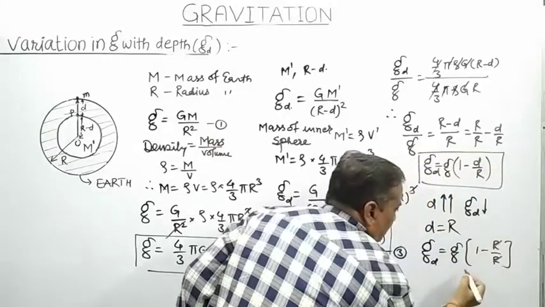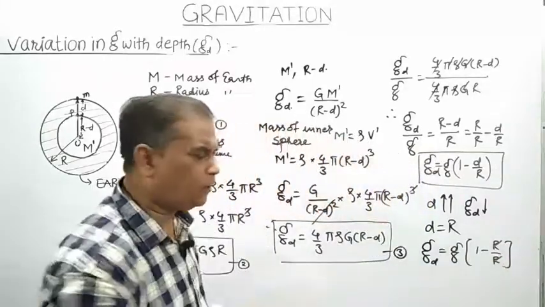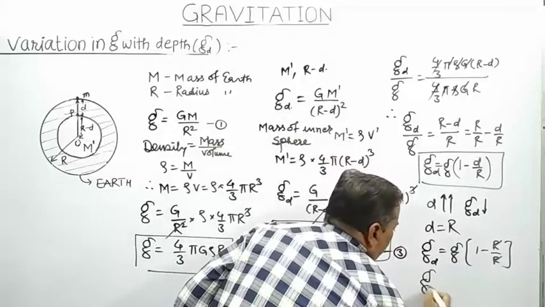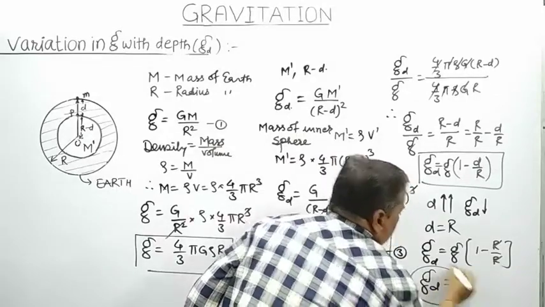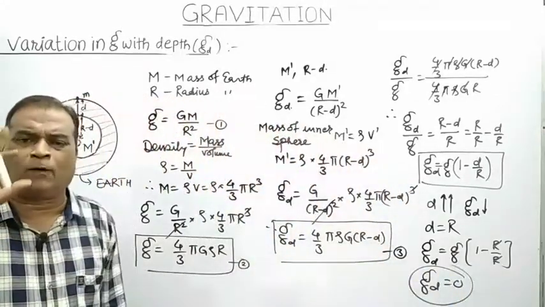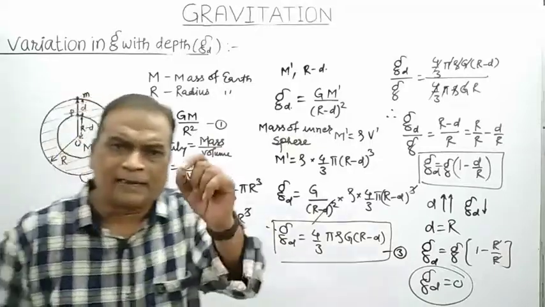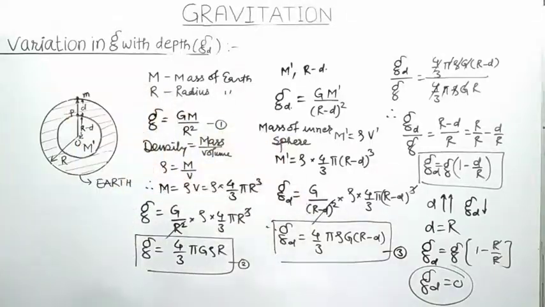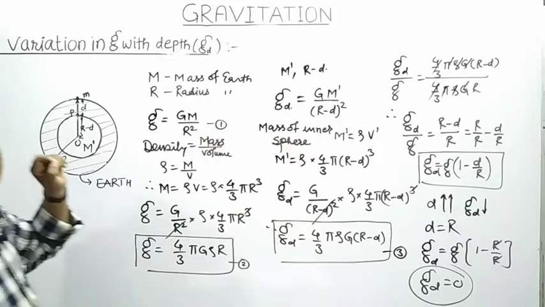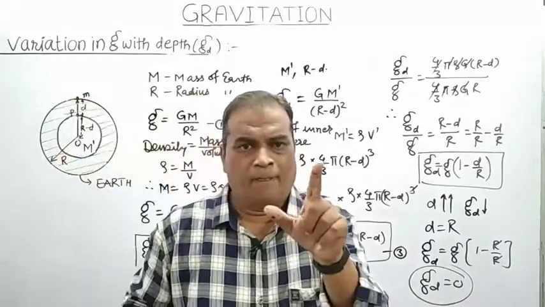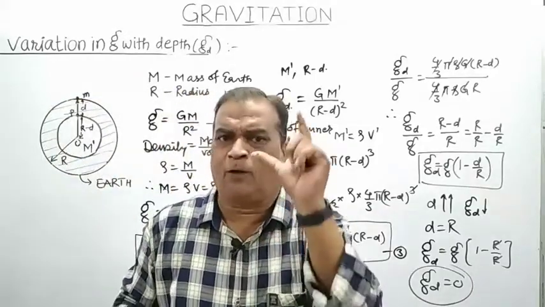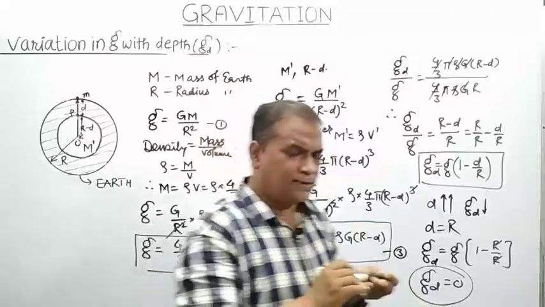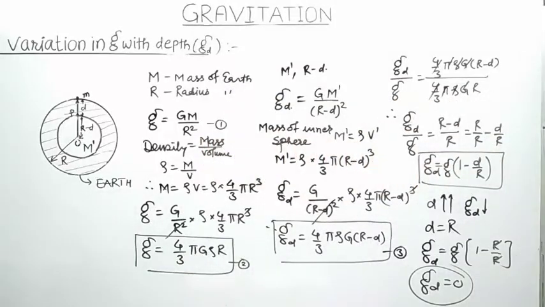R by R is 1, so 1 minus 1 is 0, so gD is equal to 0. You must remember this important characteristic: acceleration due to gravity at the center of the earth is always 0. When you keep the object at the center of the earth, the acceleration due to gravity acting on that object is 0.